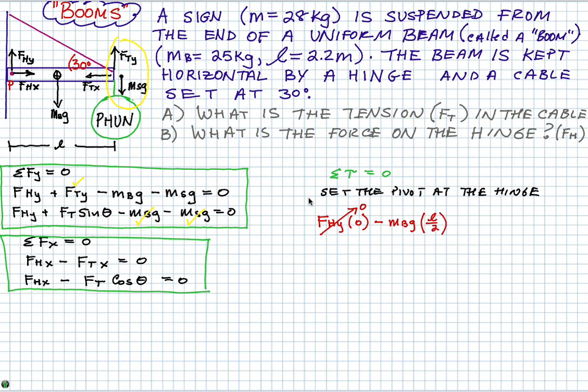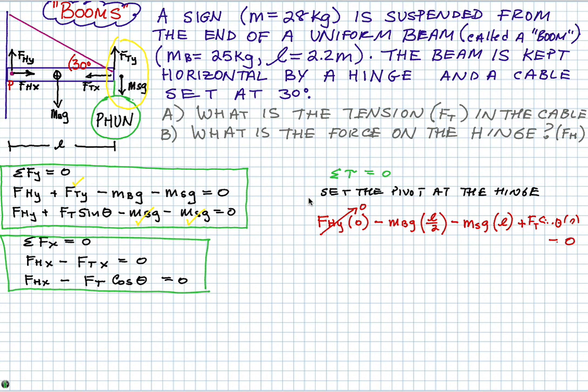And then the next force that I have would be the sign, and that would provide a negative torque also, mSg times L. And then the last force provides a clockwise torque, so that would be Ft sine theta times L, and that's equal to 0.